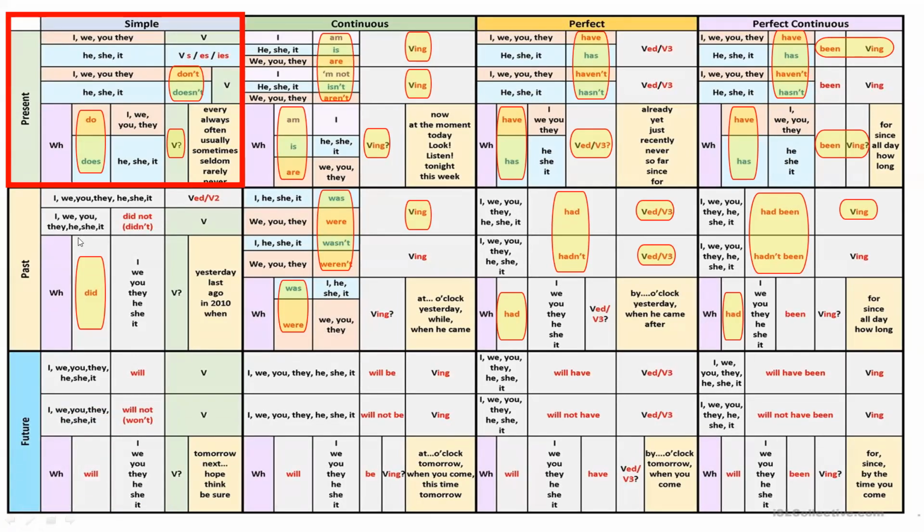Just to recap for each form of tense: the present simple, the subject I, we, you, they, and the infinitive form of the verb, the simple verb. This is the V1 of the verb, the present form. While for subjects like he, she, it, we add the s, or exceptions for es or ies.